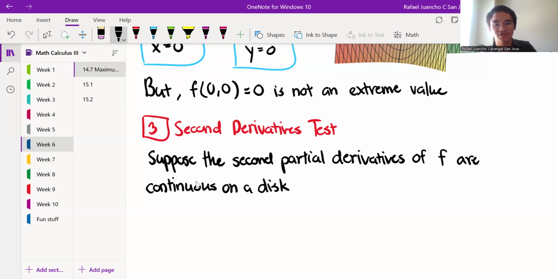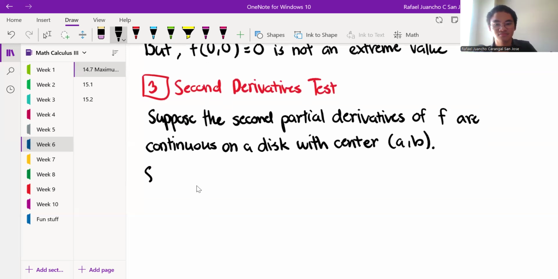So it's continuous on a disk with center (a, b). And suppose that when we take its partials, they are 0, right?